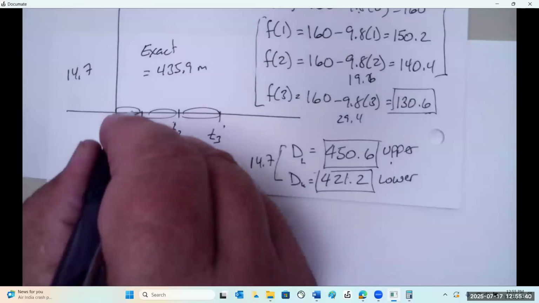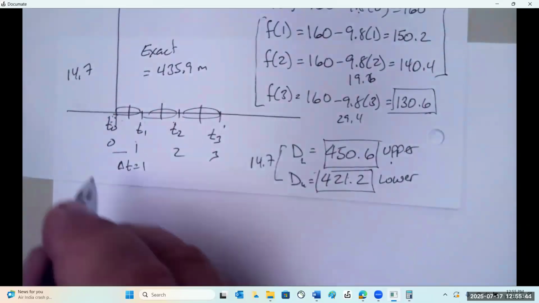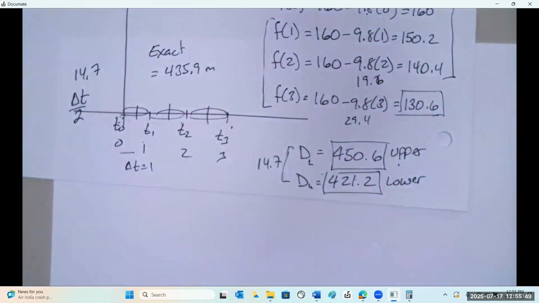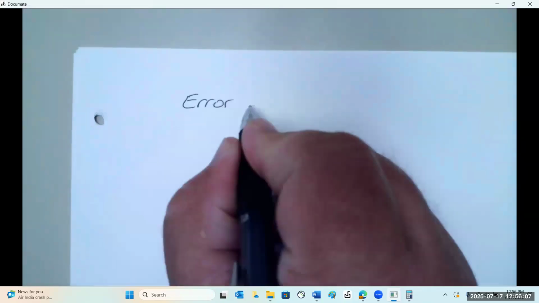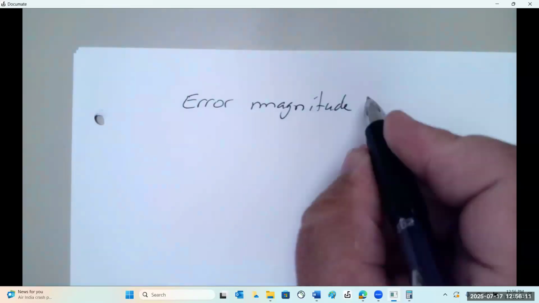Now, how can we improve it? Instead of having three intervals, what if we cut them in half? What if our delta t was divided by 2 and we had 6 intervals? Or if we had 12 intervals? What we're trying to find is how close our approximation is to the exact value, which is called the error magnitude.